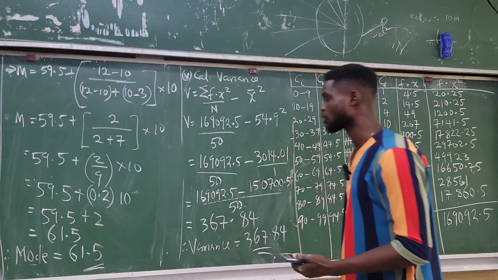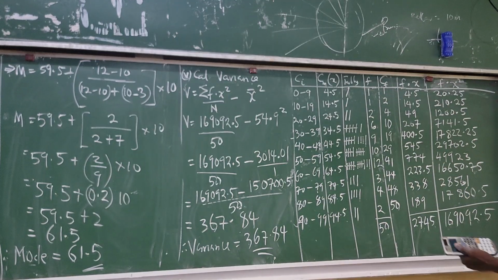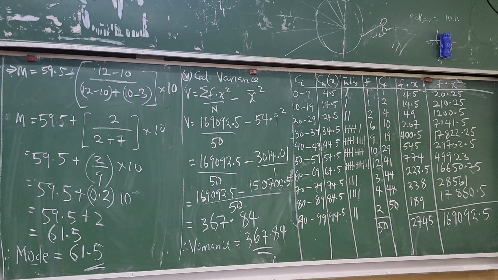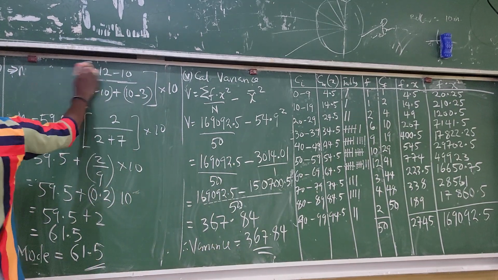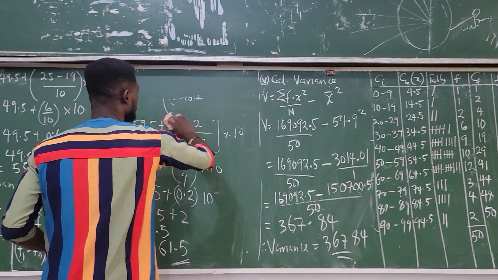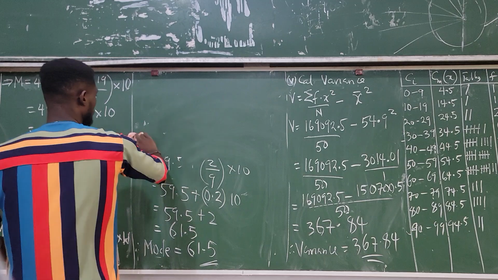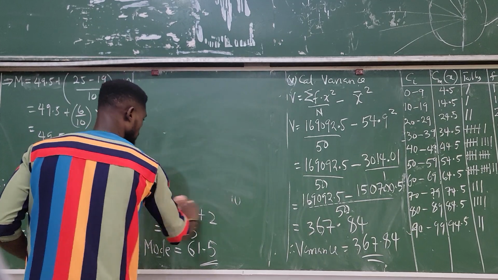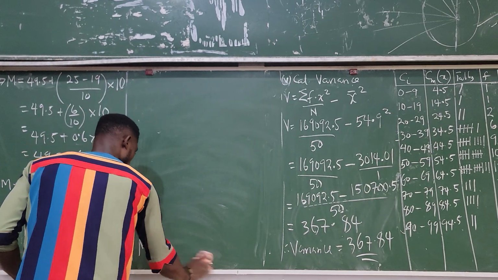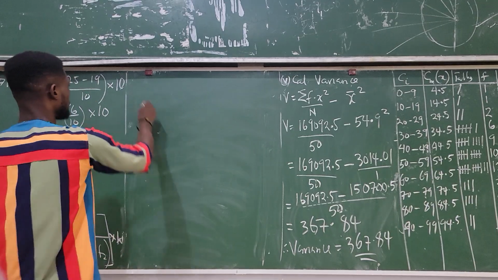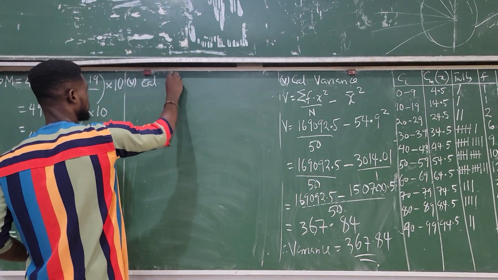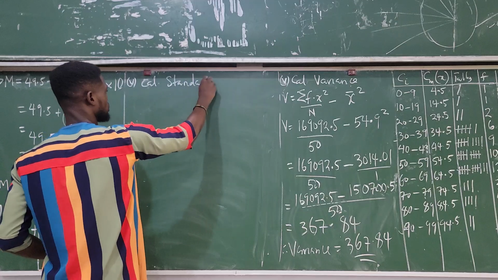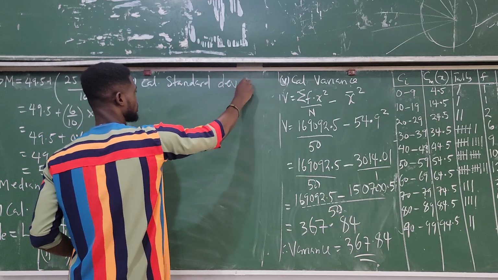Therefore, variance is 367.84. So after getting your variance, you are also asked to solve the standard deviation. Number five, calculate standard deviation.